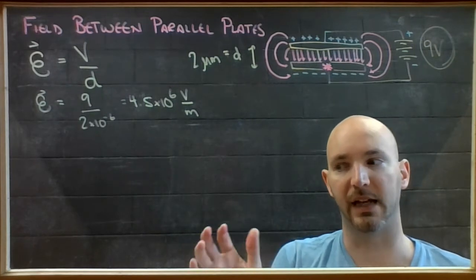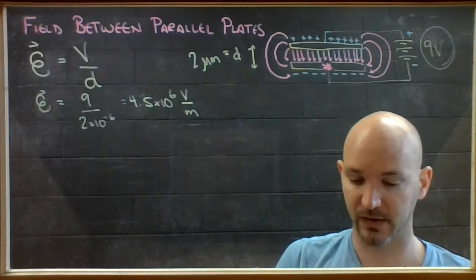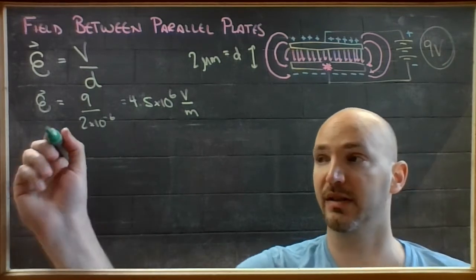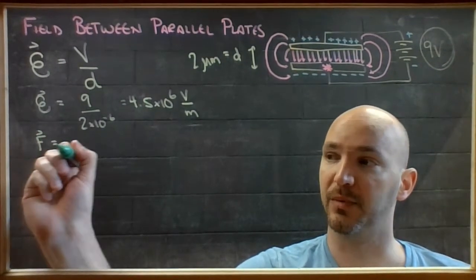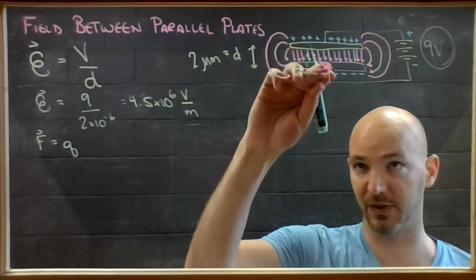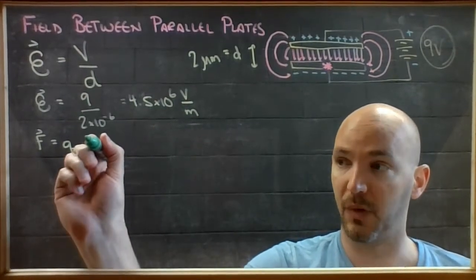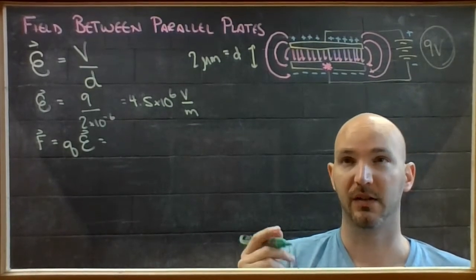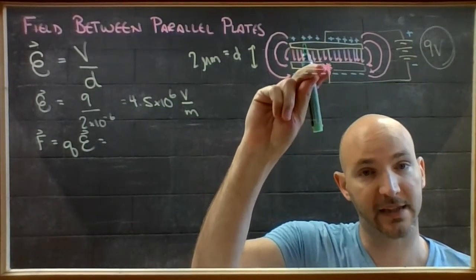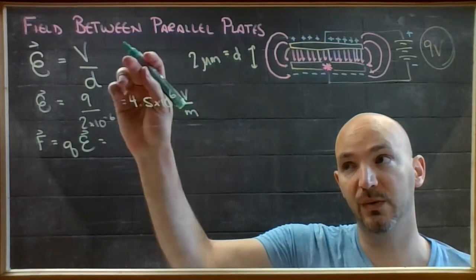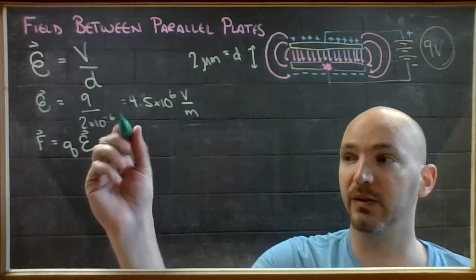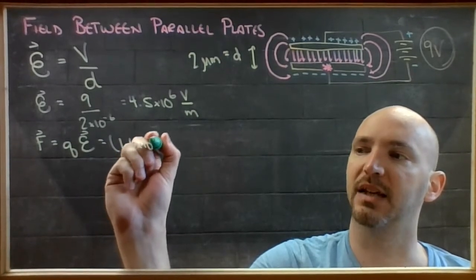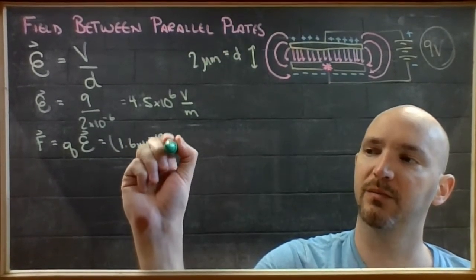So by doing that, I'm experiencing a force, and the force equation is the same as it was for point charges. Your force will be the charge on the object you introduce multiplied by the strength of the field. So if I introduced an electron at this place to this particular field, the charge on that electron is 1.6 times 10 to the negative 19 coulombs.